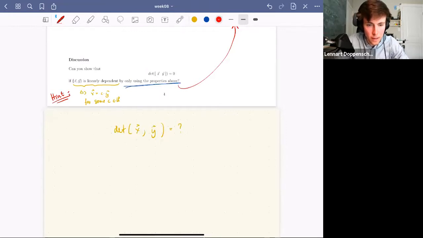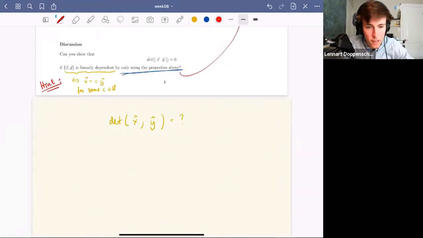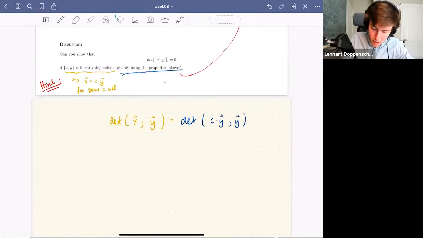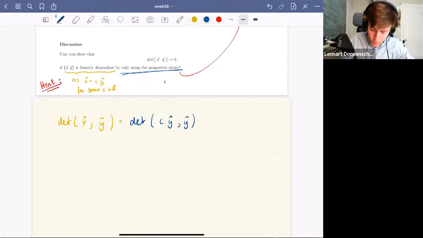Okay, so that's a very good idea. Let me just start with this. Benjamin said that we just replace x as the multiple of y. So we just say that this is equal to the determinant of c times y with y, and now we need to use some property. So this is just by assumption: x is equal to c times y.